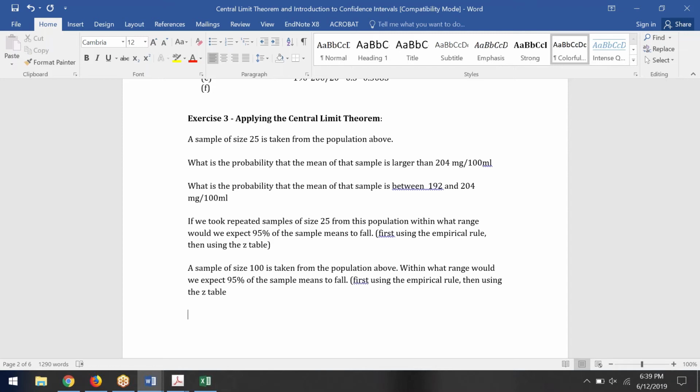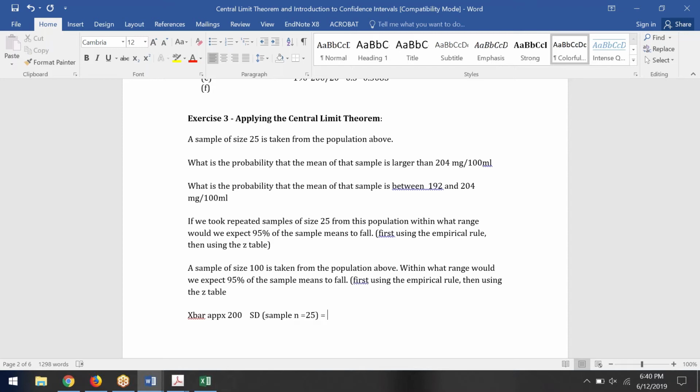Well, we know that we would expect the mean of all the repeated sample means, the X bar, to approximate the same mean as the population. Let's say approximately 200. But the standard deviation of this new distribution, made up of samples of size 25, is going to be much narrower. It's not going to be as wide as the normal population.